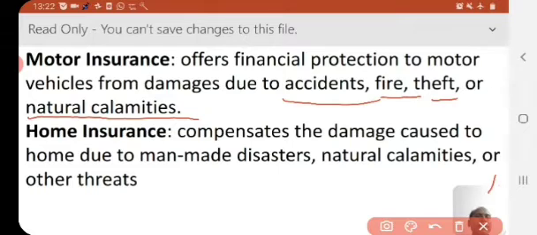Home insurance. This compensates the damage caused to a home due to man-made disasters, natural calamities or other threats. In recent years, most house owners are taking insurance on their homes.